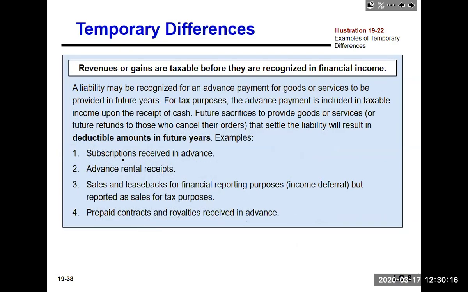The next one, deductible amounts in future years. So now they're talking about deferred tax assets for revenue, right? Subscriptions received in advance or advance rental receipts. Bristol Speedway, they're still getting what?